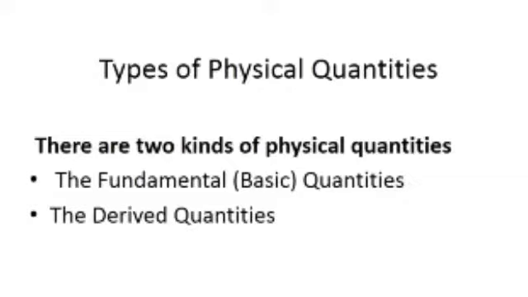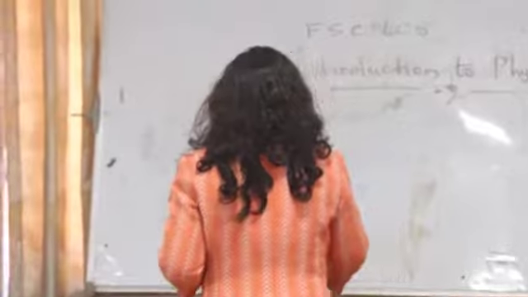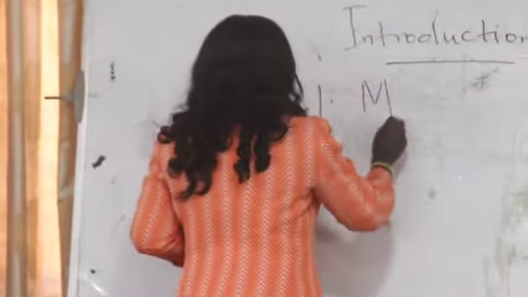The fundamental quantities include mass, length, and the third one, time.